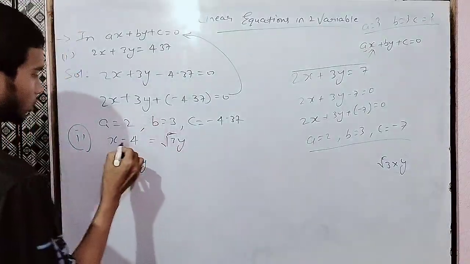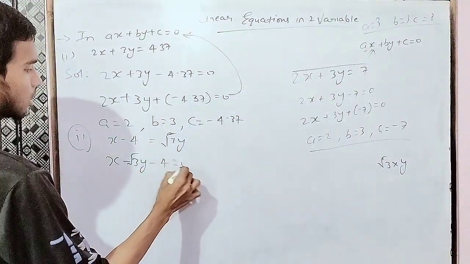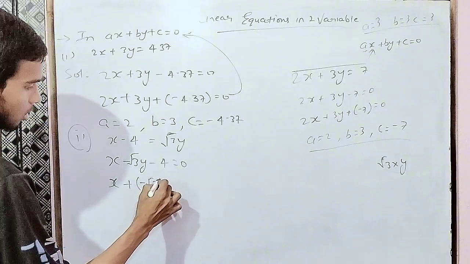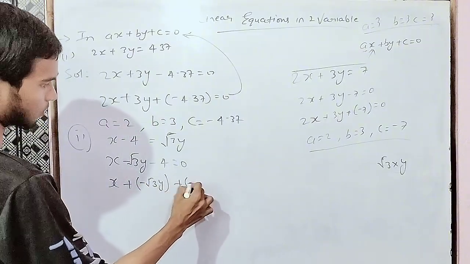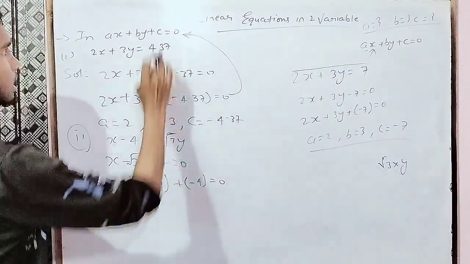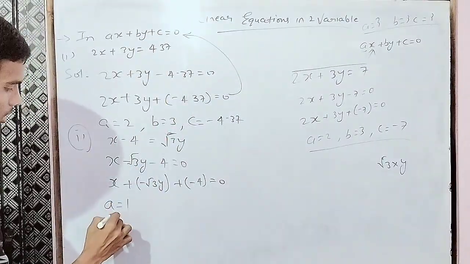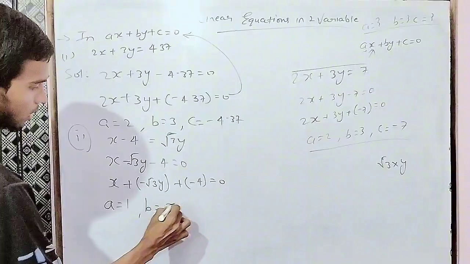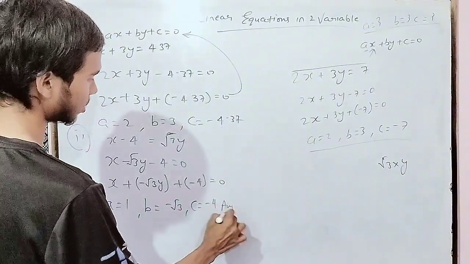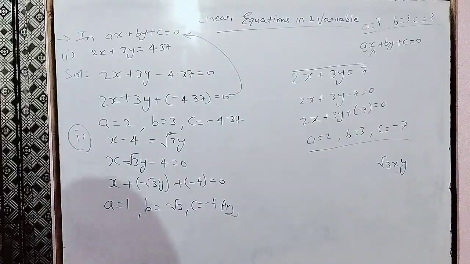So here this is minus 4. Now it can be written like that, plus minus 4. Clear? Now this is in this form. We can tell A is 1, B is minus root 3, C is minus 4. C is minus 4. That's how you will find.